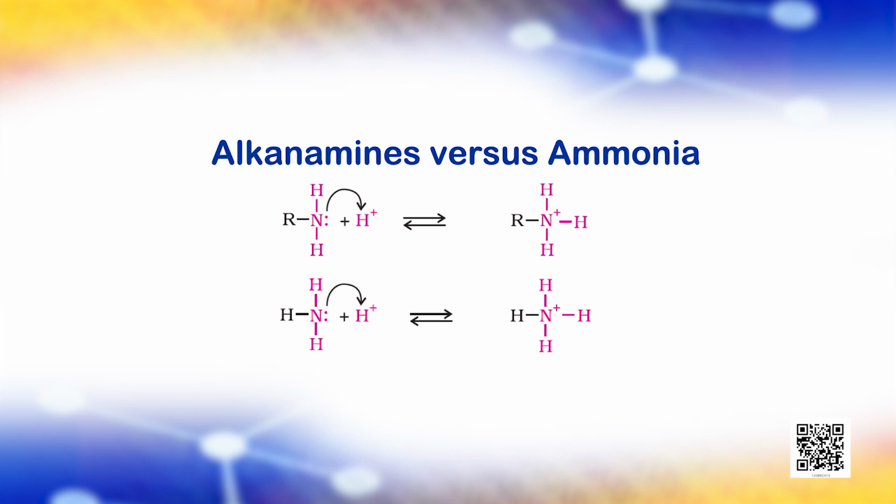Moreover, the substituted ammonium ion formed from the amine gets stabilized due to the dispersal of the positive charge by the +I effect of the alkyl group. Hence, alkyl amines are stronger bases than ammonia.